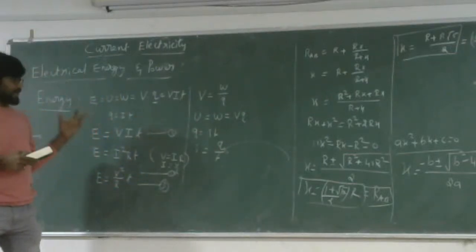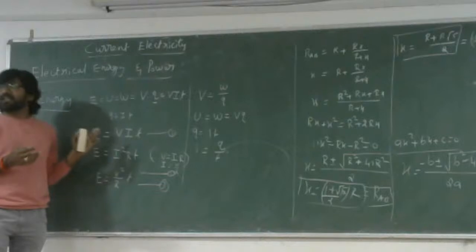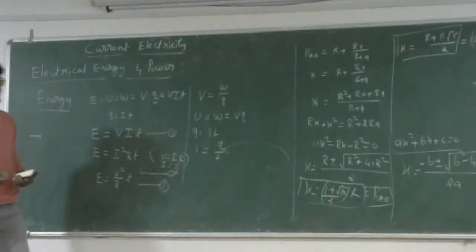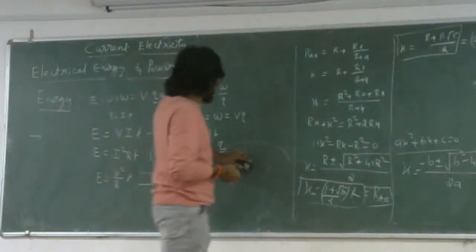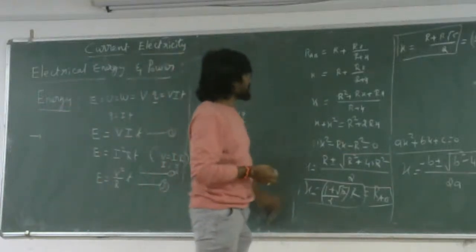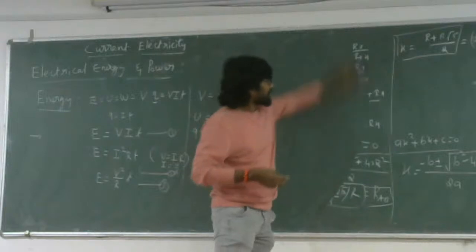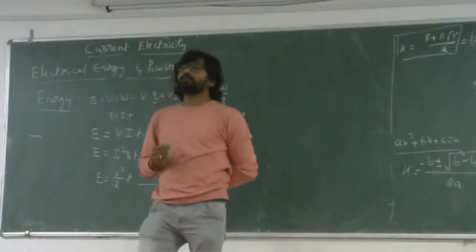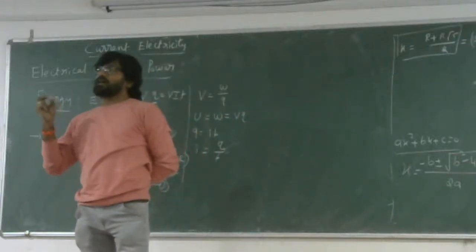Next, what is electrical power in a circuit? Before getting into that, keep in mind that in an electrical circuit, the energy consumed is measured using a unit called kilowatt hour.